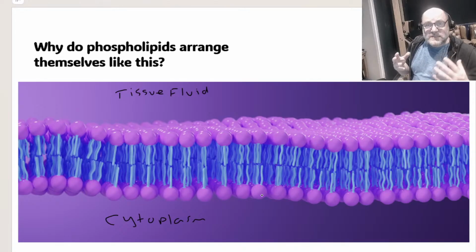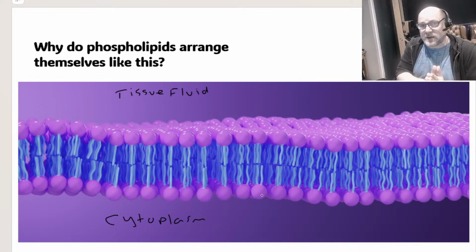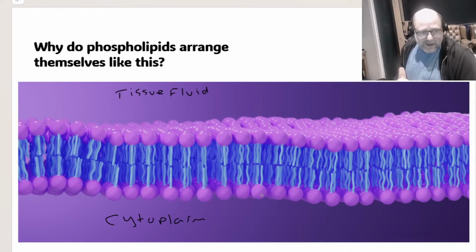And this is a good thing because it stops charged particles. We talked earlier in the lesson about why we don't want charged particles entering without permission, because they're going to lower the water potential. Could cause all sorts of problems. So we want some control over what comes in and out.